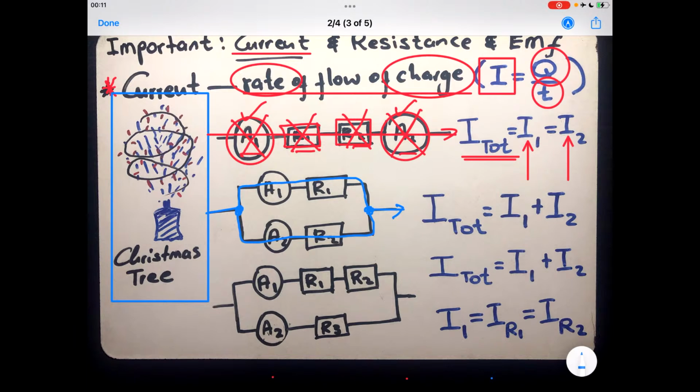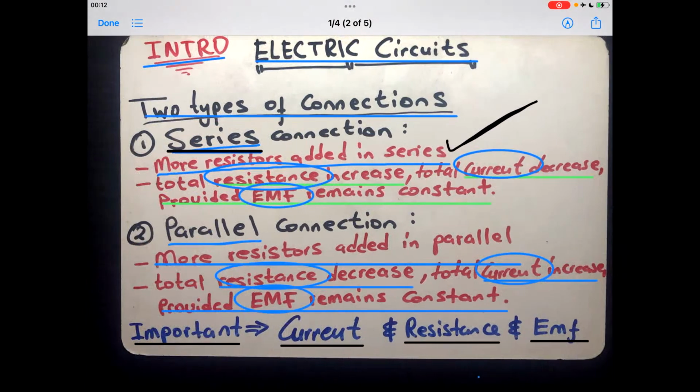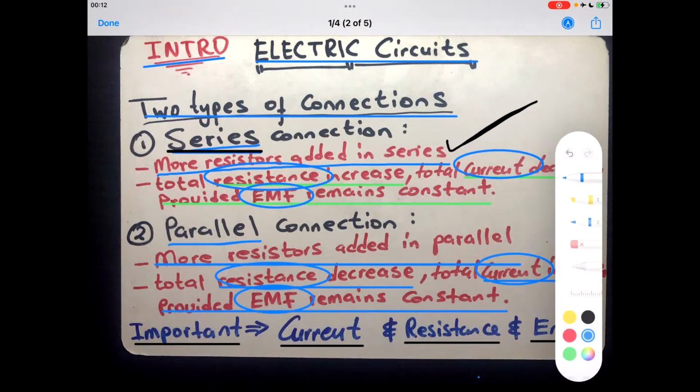So now you might need to realize that in this case, you are having another type of connection, being a parallel connection. That's where more resistors are connected or added in parallel.